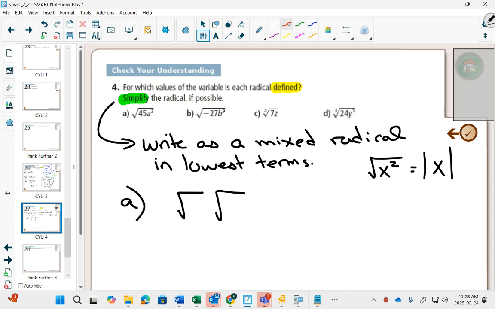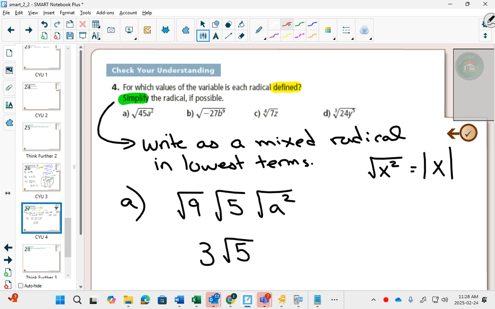Is there a perfect square, 4, 9, 16, 25, 36, 49, that divides 45 nicely? 9. It's 9 times 5. So I could rewrite, because our rule for multiplying square roots says you can multiply them together, so I could break this up this way. And then what is the square root of 9? 3. Square root of 5 I can't simplify anymore.